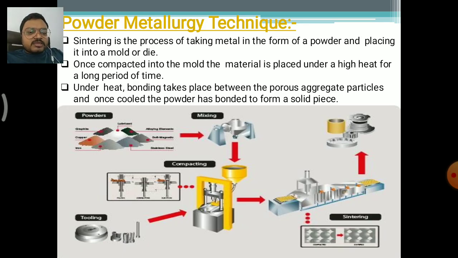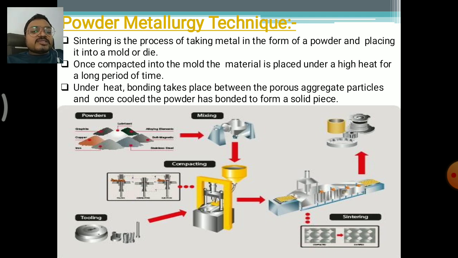So in the bottom picture, we can see the different types of powders we are using: copper, graphite, stainless steel. Some other powders there also, which by mixing we are sending to the compacting. So for compacting, we are pouring it into a basin reservoir and then it goes into a die.